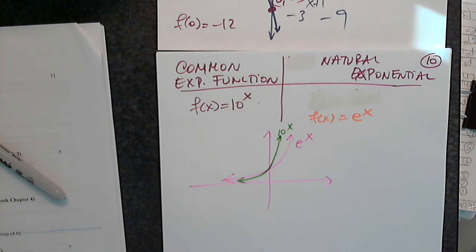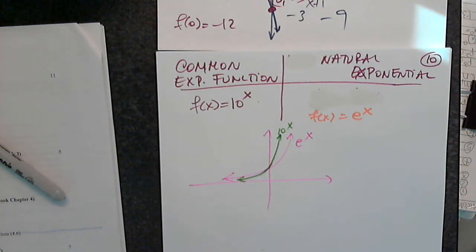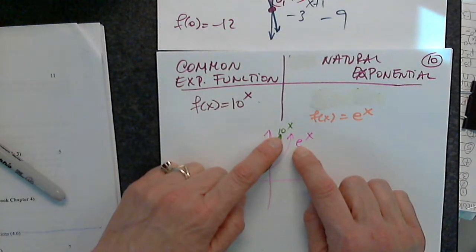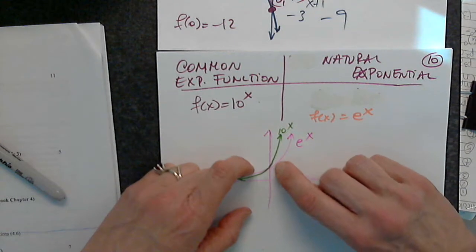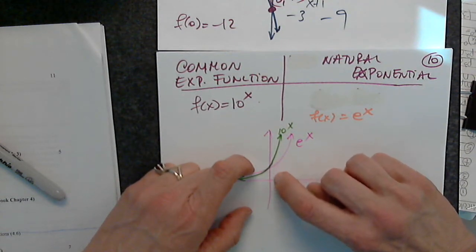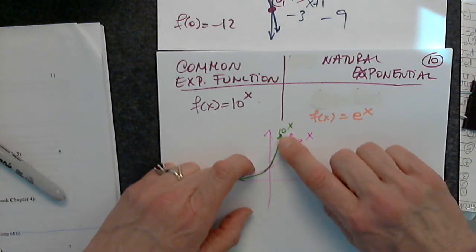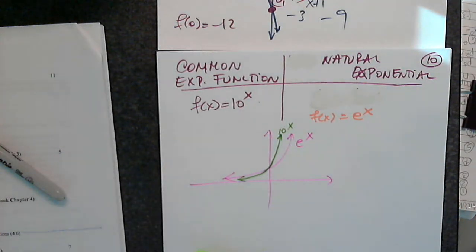How do I know that 10 to the x is closer to the y-axis than e to the x? Because imagine this is 2.7, and for x equals 1, this will be 2.7. For x equals 1, this will be 10. So the higher the base, the closer to the y-axis.